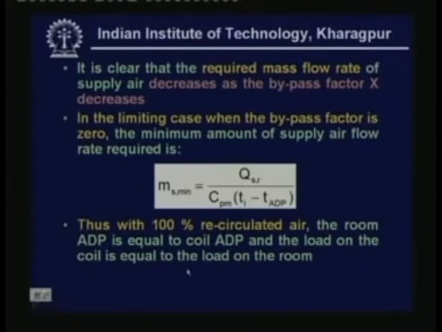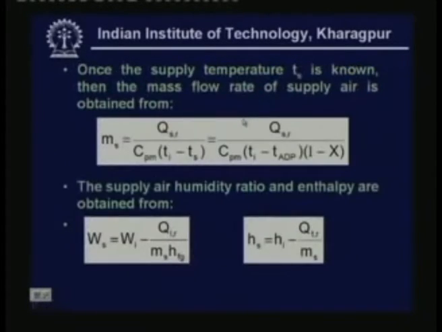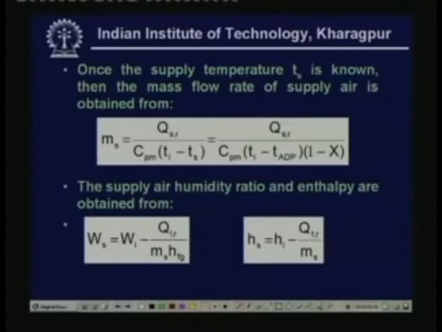Now, from the equation it is clear that the required mass flow rate of supply air decreases as the bypass factor X increases. That means, from this equation you can see that if everything else is fixed, as the bypass factor X increases, this also increases. Okay.